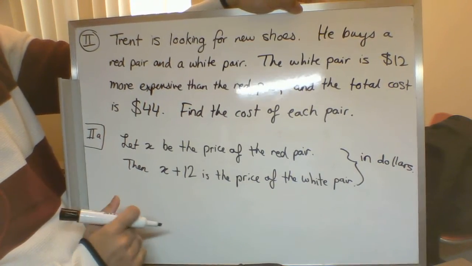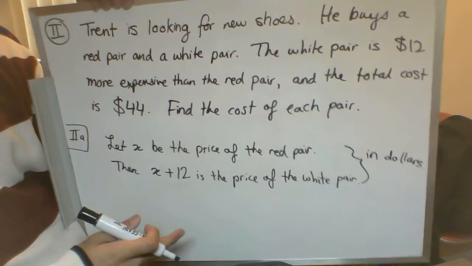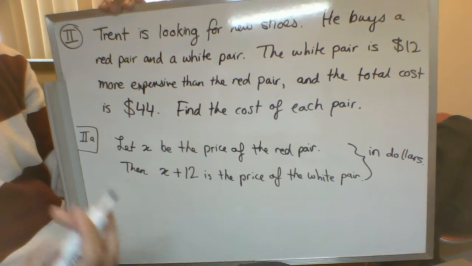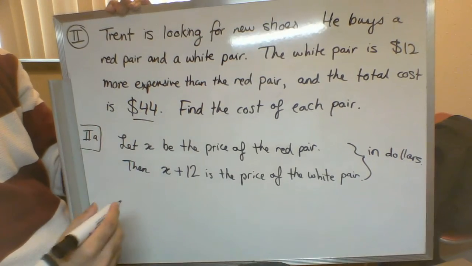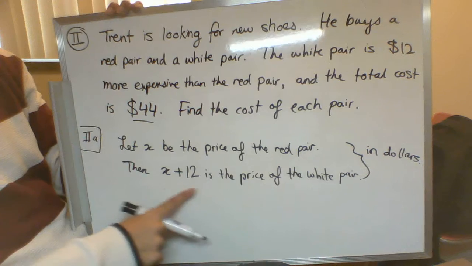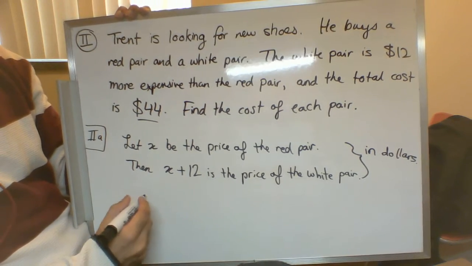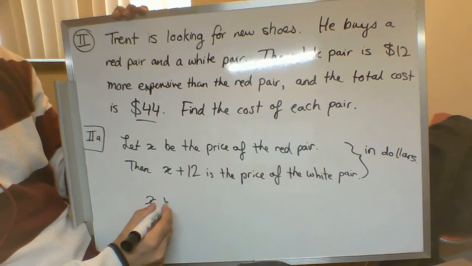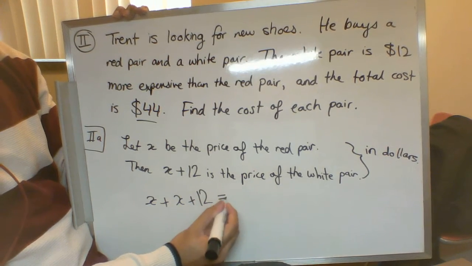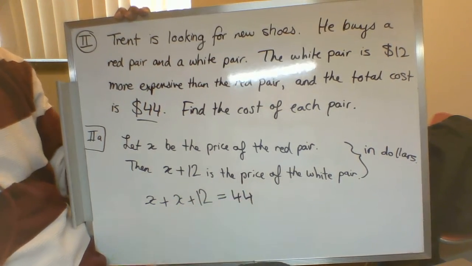To set that up as an equation, we know that the red pair plus the white pair is going to cost $44. So that means x plus x plus 12 should equal $44.